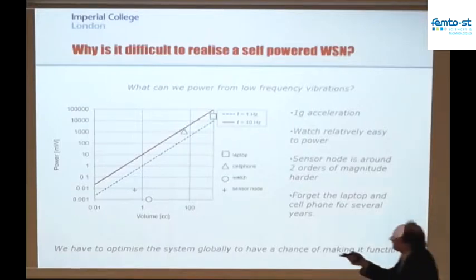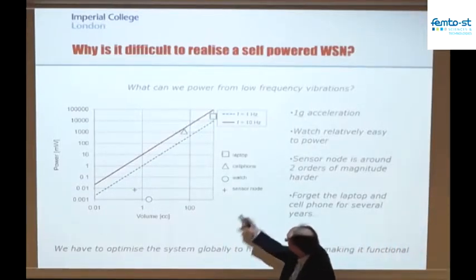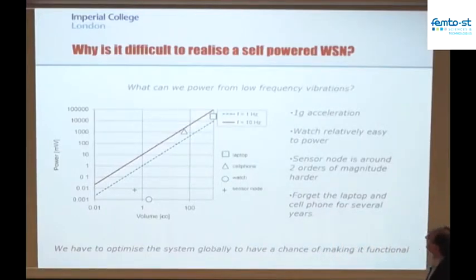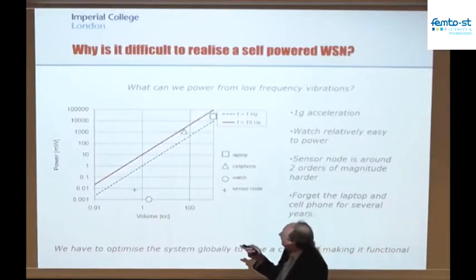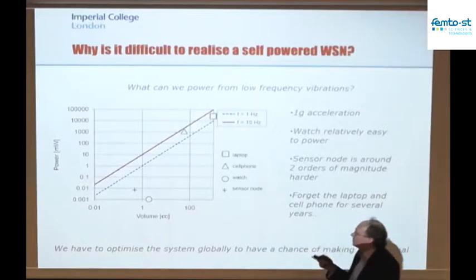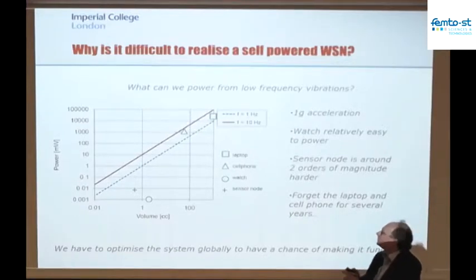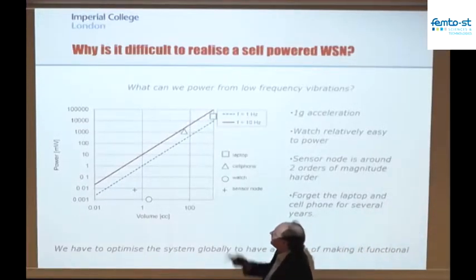So if you look at the total power you could get as a function of volume at these two different excitation frequencies with 1G acceleration, then the total power requirements of the watch are pretty low, down at the sort of microwatt level. But the total amount of power that you could actually achieve in the same volume as a watch, if you made a harvester the entire volume of a watch, then you would be able to get milliwatt levels of power.